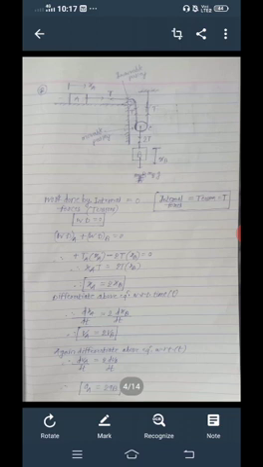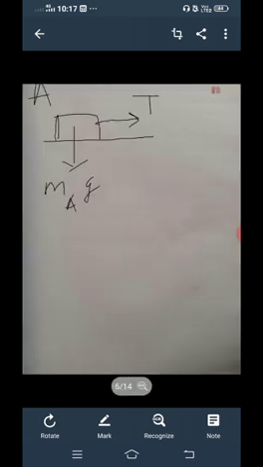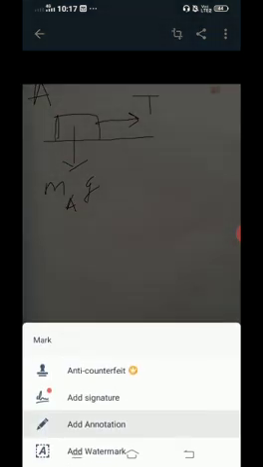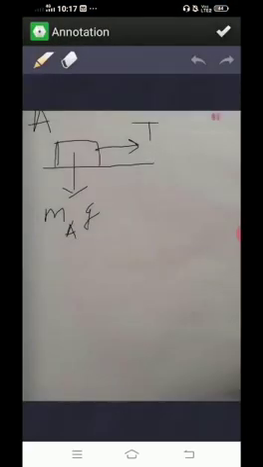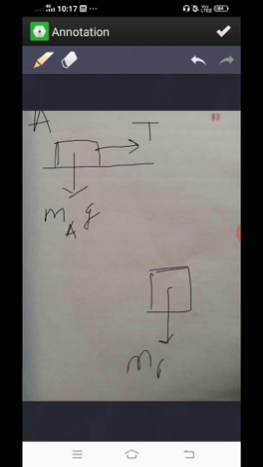Now next, try to draw the free body diagram of block B. So this is your block B. Show the self weight of block B, MBG. Then tell me, students, what is this value?